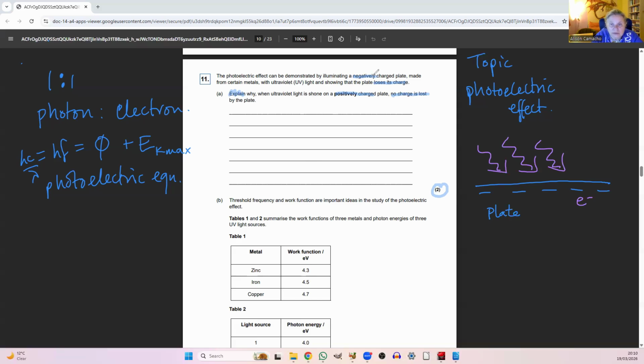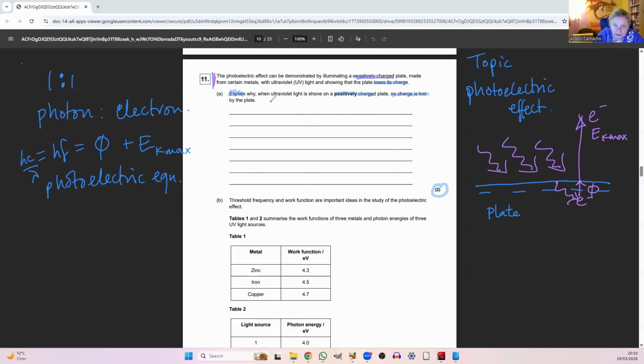And when it's negatively charged, the plate loses charge. So the UV interacts with the electron, it gains the energy, it gets to the surface. Remember, that's the work function. And then it carries away the electron with some kinetic energy up to a maximum. Okay, so that is the situation in the description.